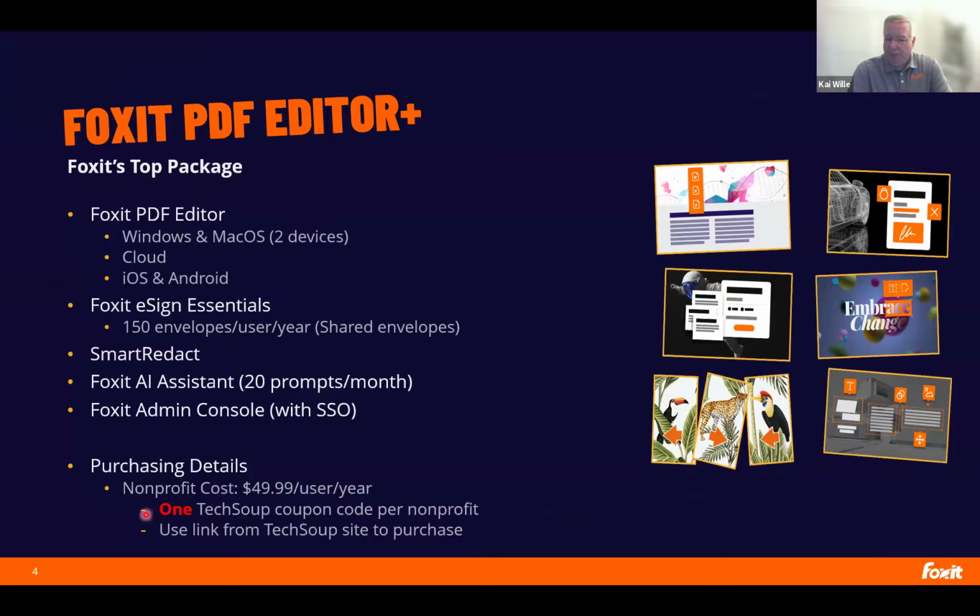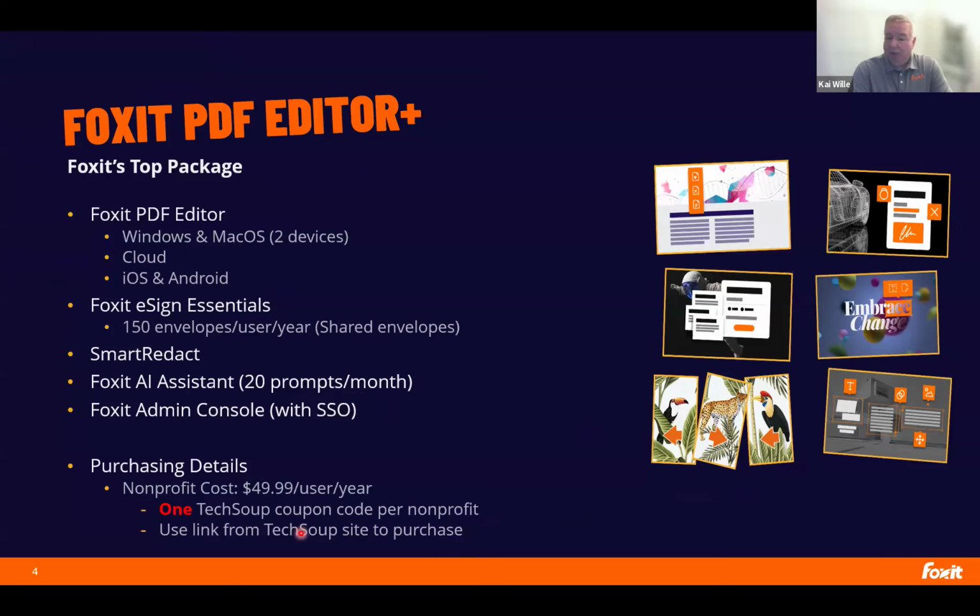One thing that's really important, I know we posted the link in the chat to the purchase on our website, but you really want to use the link on the TechSoup website to the Foxit online store. That's a special link. That's the link you've got to click to buy these nonprofit versions online.